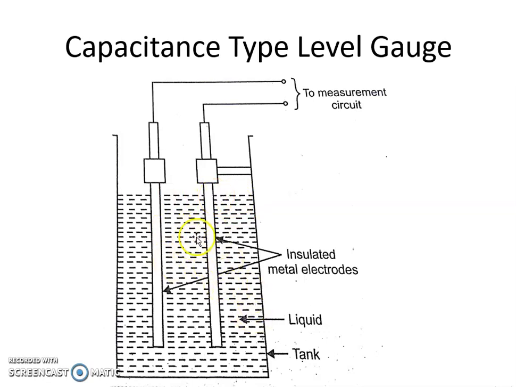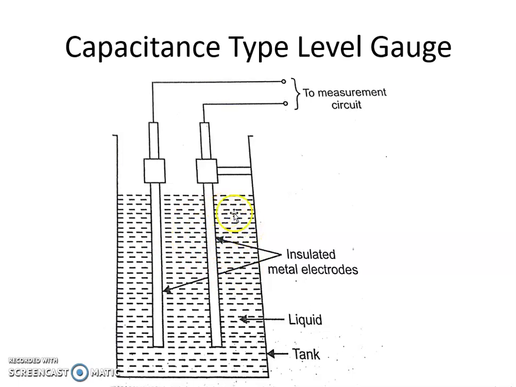The dielectric constant is directly proportional to the level of the liquid. As the liquid level increases, the dielectric constant also increases, and the capacitance is directly proportional to the dielectric constant.